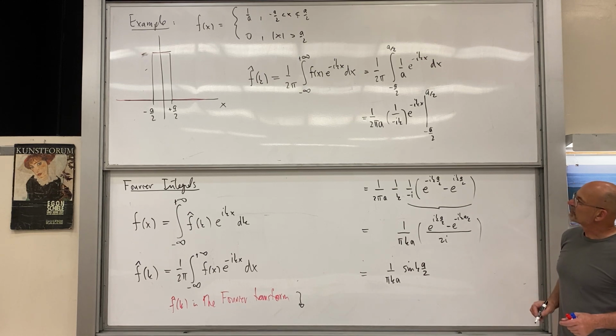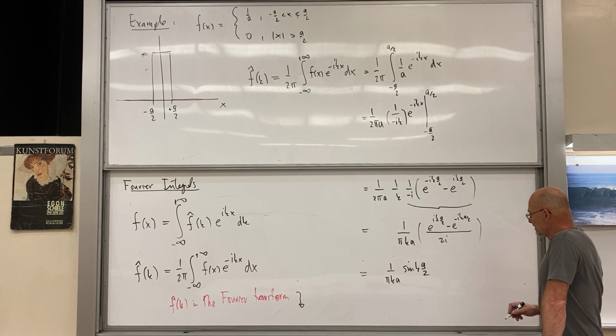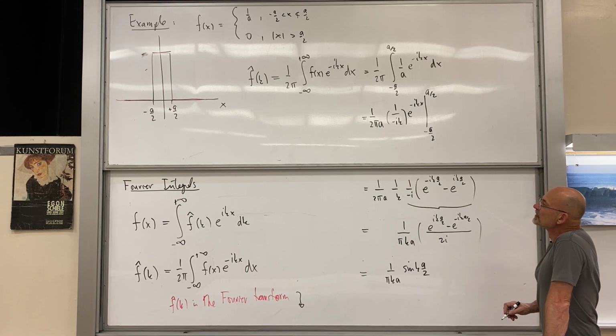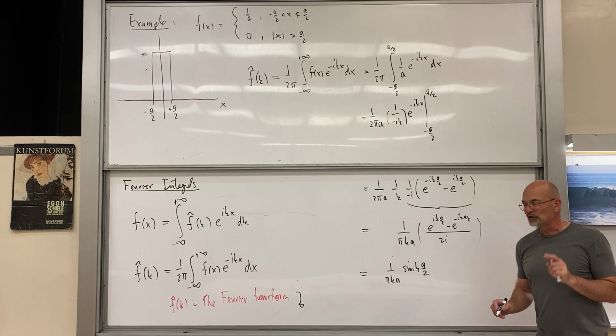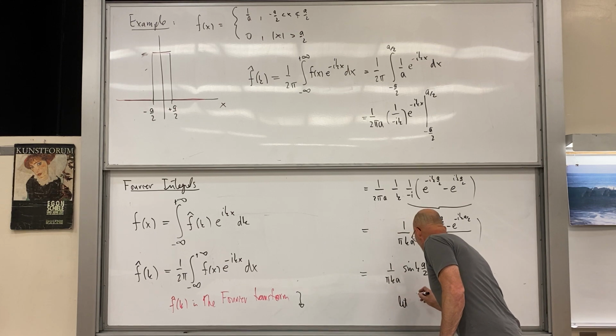I would rather have just the sine of ka. Yeah, let's replace a with 2a, like this. Let a equal 2 times a.